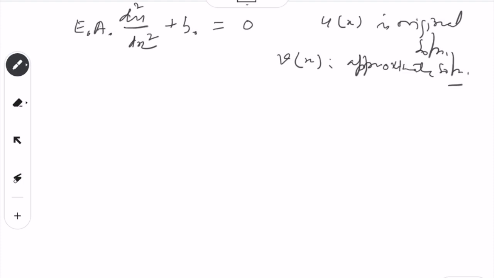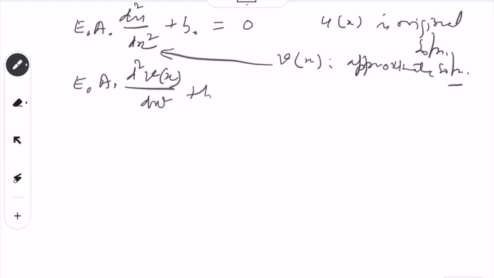Then, if we put this value here, what happens? Our equation becomes E naught A naught d square V(x) over dx square plus b naught, which may not be 0, as we have seen earlier.